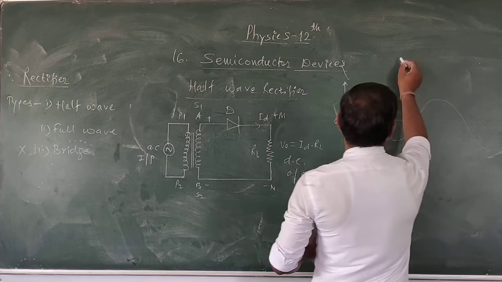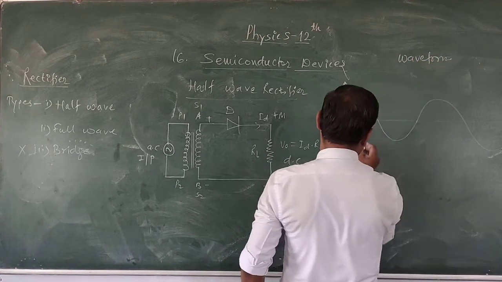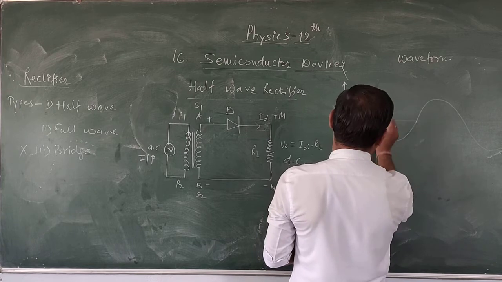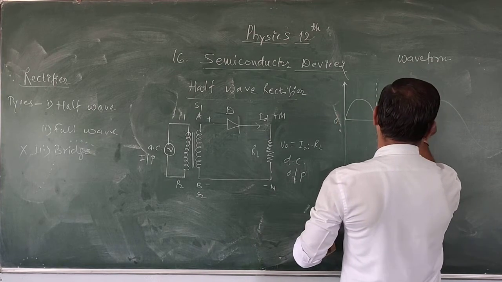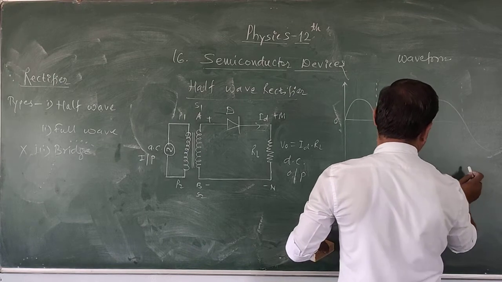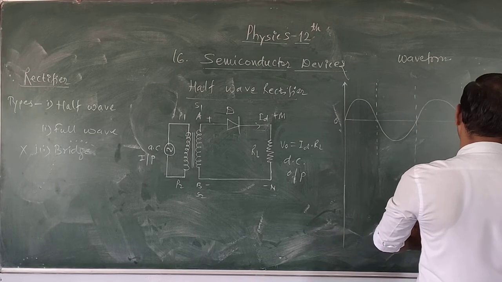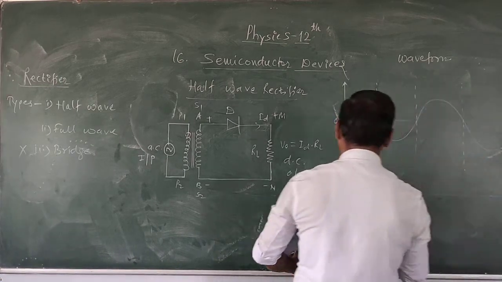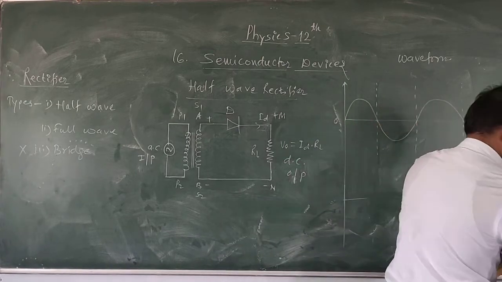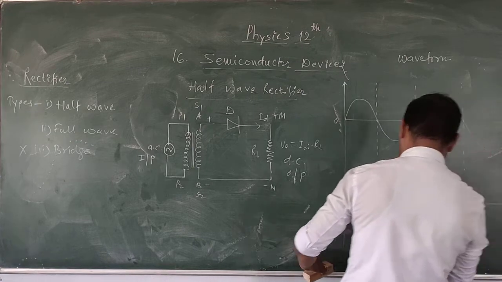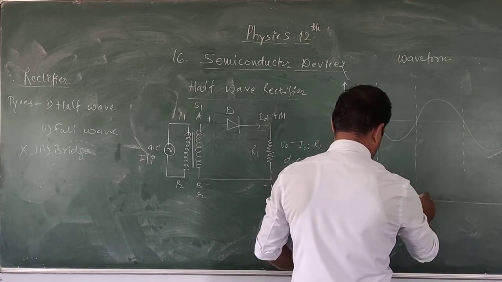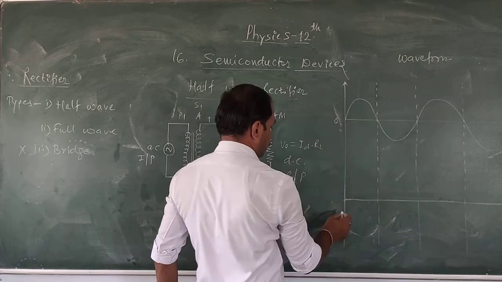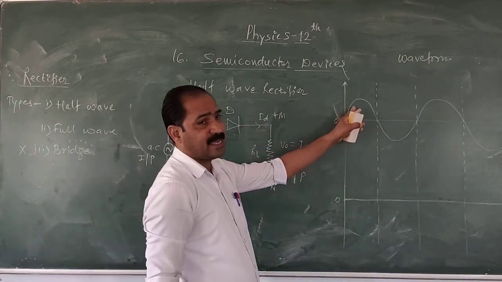This is the time T waveform. अब क्या करना है मुझे, so here I obtain one output, क्या मिलेगा, ये पॉजिटिव हाफ साइकिल के लिए, ये पॉजिटिव हाफ साइकिल.